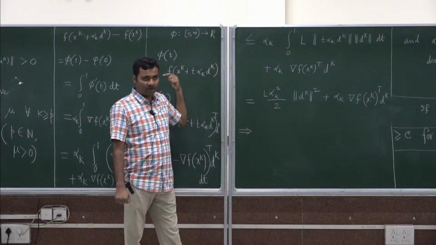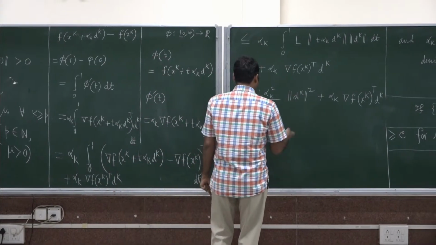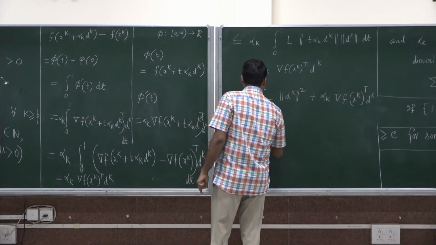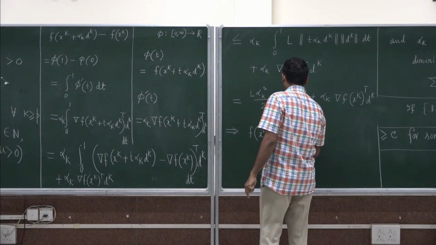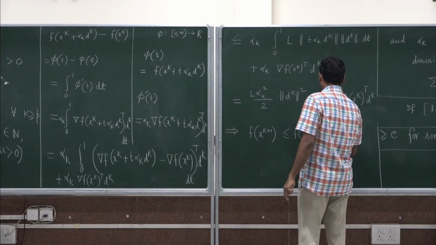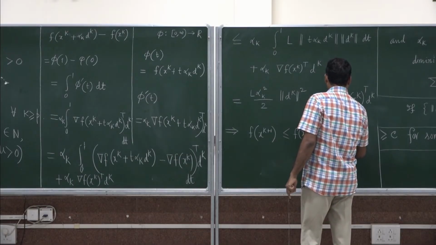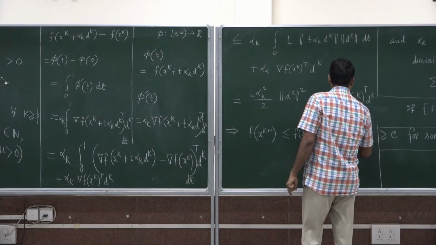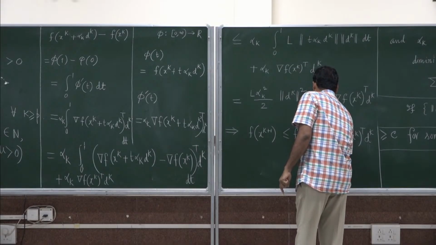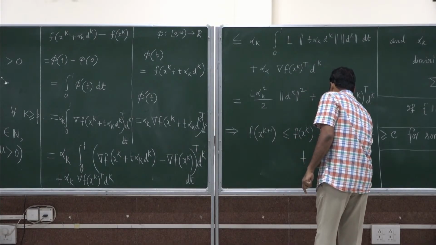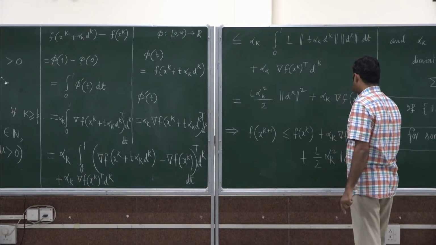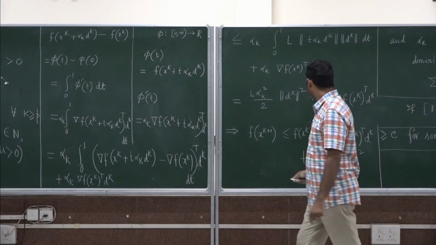So as long as the function f is gradient Lipschitz, for any alpha k you choose, you have this inequality: f xk plus 1 is less than or equal to f xk plus alpha k gradient f xk transpose dk, plus L by 2 alpha k square norm dk square of it, fine.